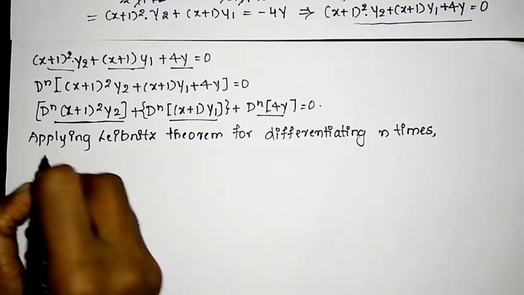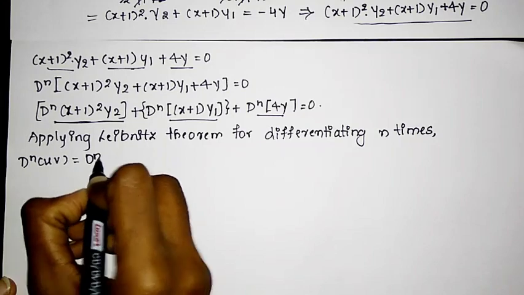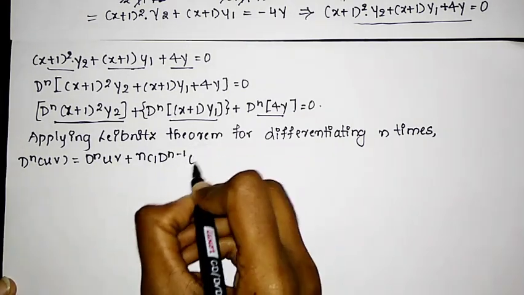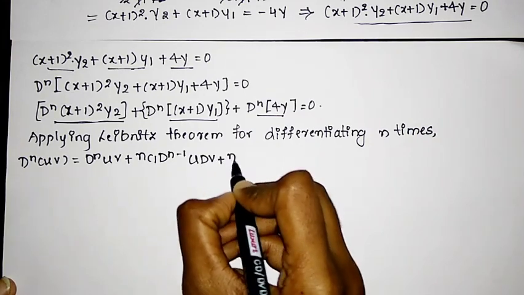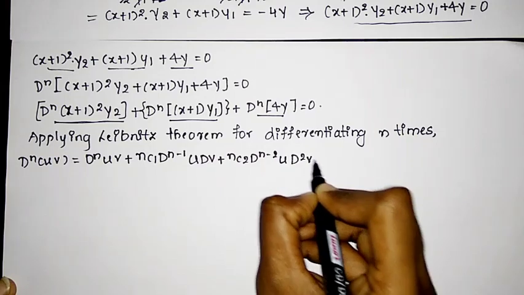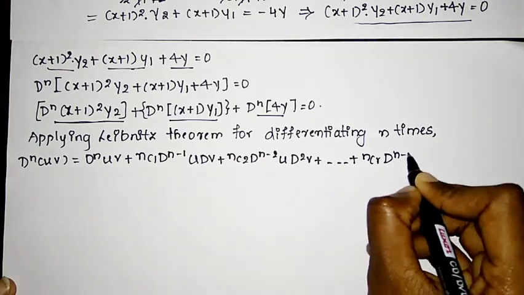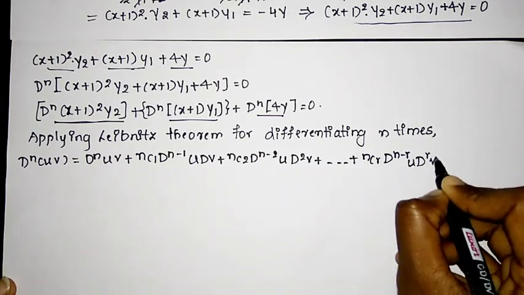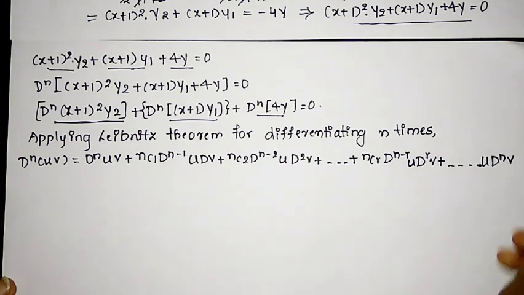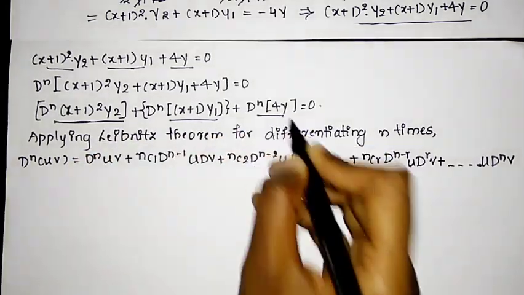As we know, the Leibniz theorem is given as d raised to n of u into v is equal to d raised to n u into v plus nC1 d raised to n minus 1 u into d v plus nC2 d raised to n minus 2 u into d square v plus nCr d raised to n minus r u into d raised to r v plus up to n terms, so u into d raised to n v. Now we shall apply the Leibniz theorem separately for this, and then for this.